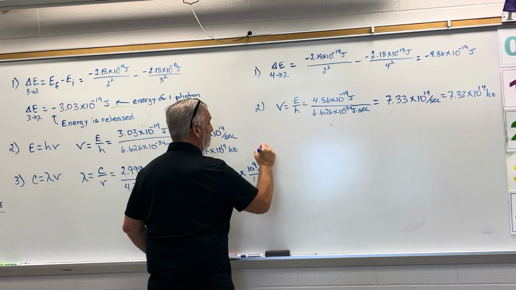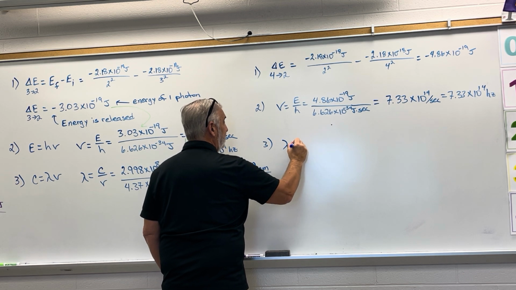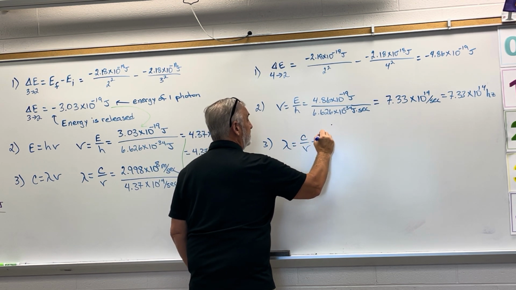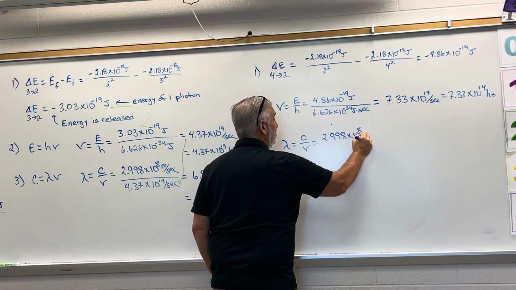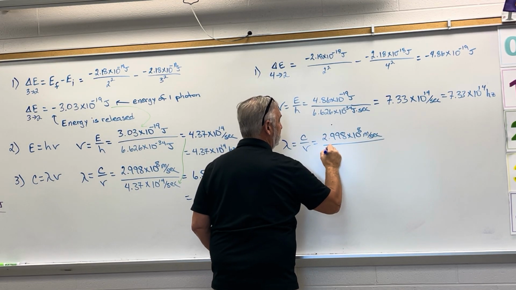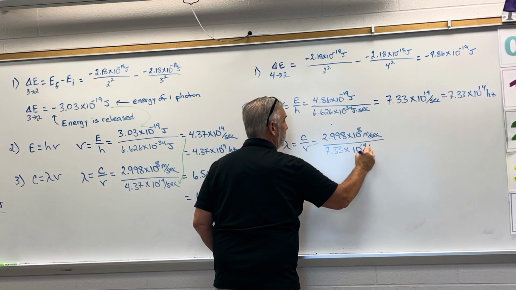So what do I do with that number then? If I want wavelength, it's going to equal C over frequency. C is always given as 2.998 times 10 to the 8th meters per second, divided by the frequency I just calculated, 7.33 times 10 to the 14th per seconds.